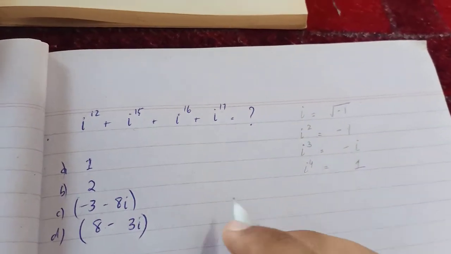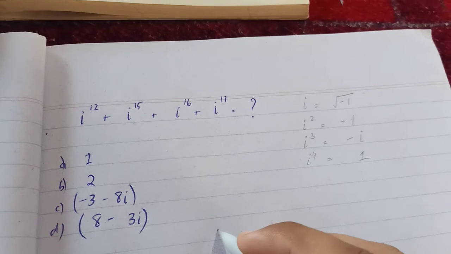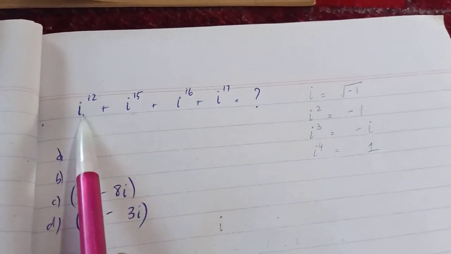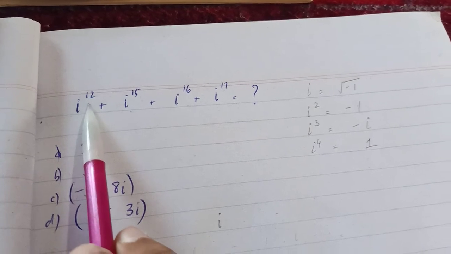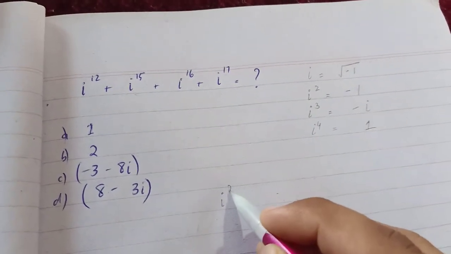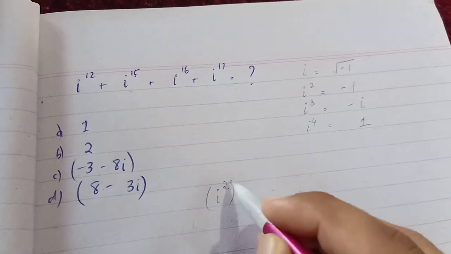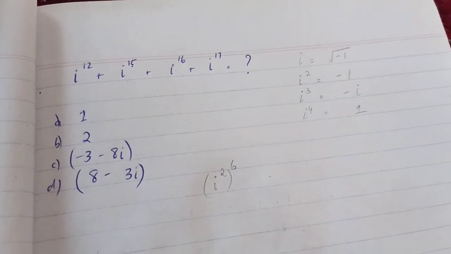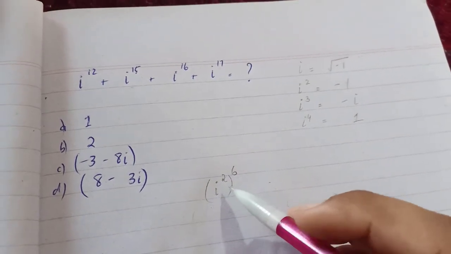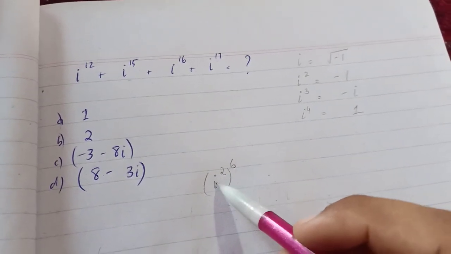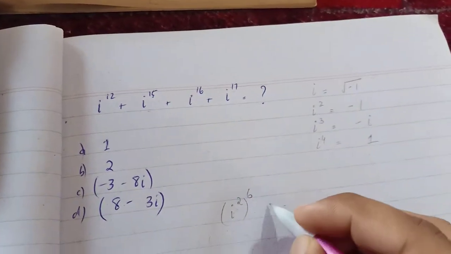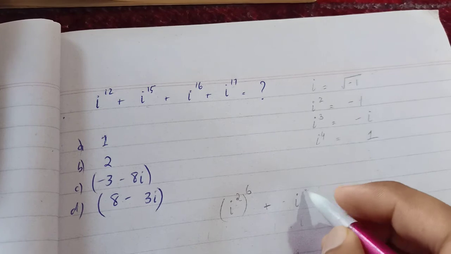So now, breaking the powers of these values: how can we break the value of iota power 12? Look, you can break it like 2 and 6. 2 multiplied by 6 is 12. So we break this value of iota 12 into iota square power 6, plus iota cube.